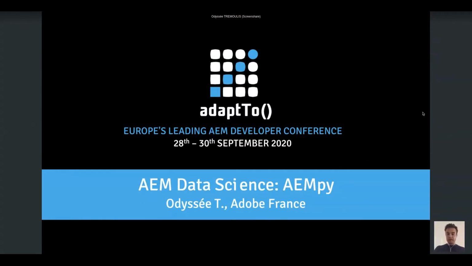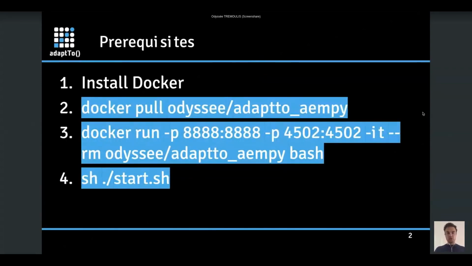So yeah, I'm based in Adobe France, and here are the prerequisites that you had to go through. First, you had to install Docker. I'm pretty sure that you have that installed on your own machines. Then, as part of the prerequisites, there was this second command, the Docker pull image.